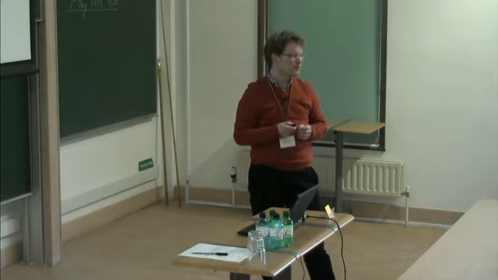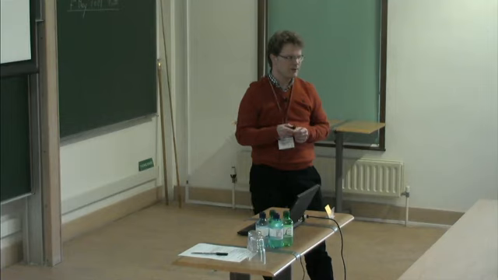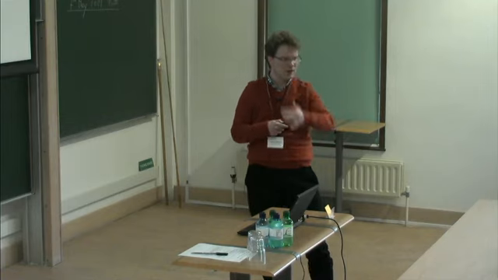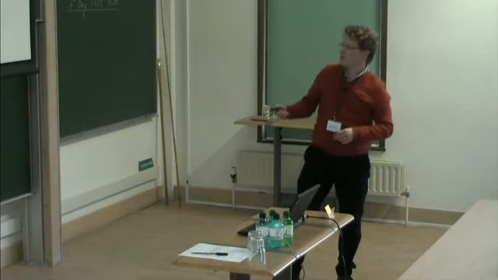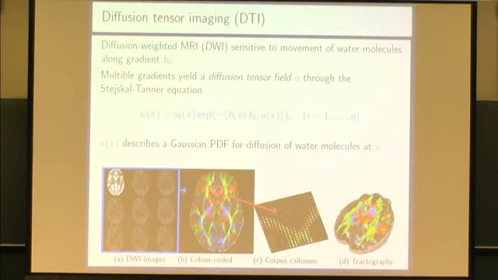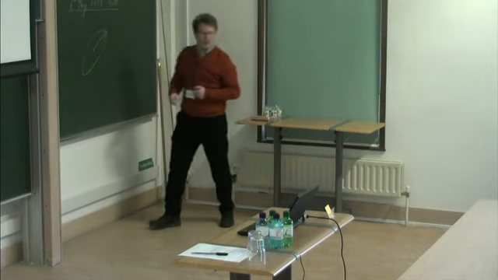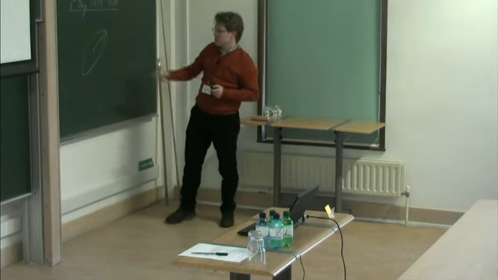One way to make this useful is to perform so-called tractography on the principal eigenvectors. So you follow the principal eigenvectors to find neural pathways. This works very well in the white matter of the brain. In the white matter, if you consider the ellipsoids, they look like this. There's a single clearly defined principal eigenvector.